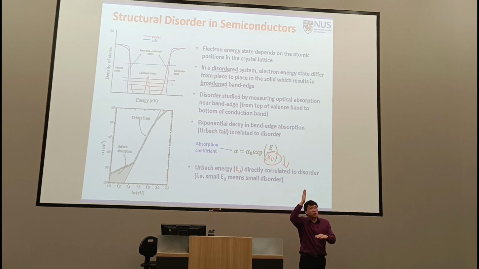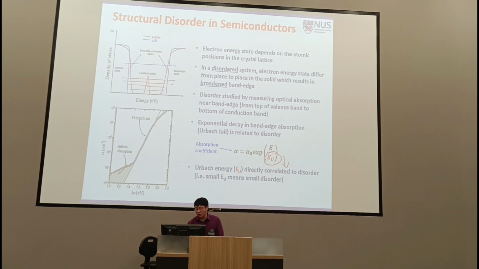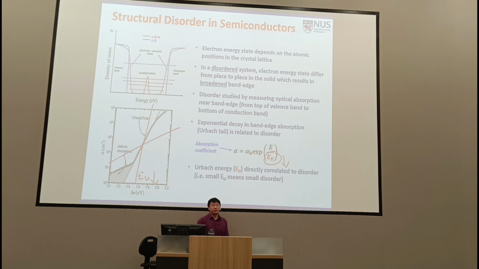So that means the exponential rise is sharp. So if EU is small, then I have a very sharp line, something like that. That's for the case of small Urbach energy. If Urbach energy is large, then it's something like that. The exponential curve is gentle. Urbach energy is large. Okay, so that's it.